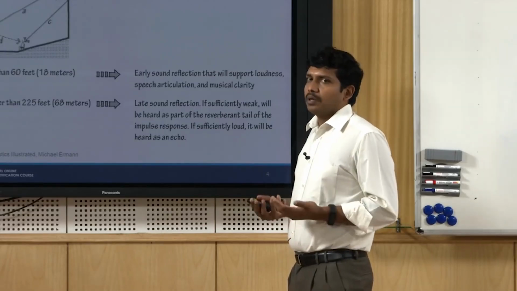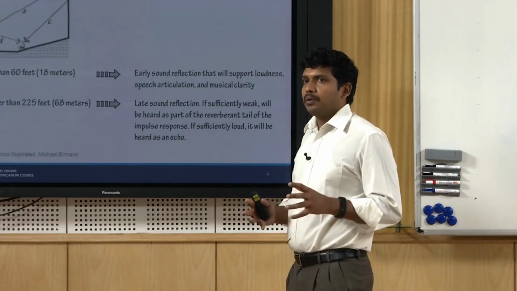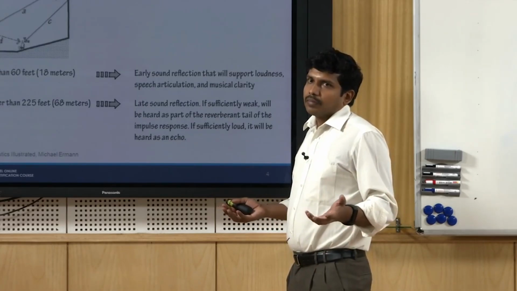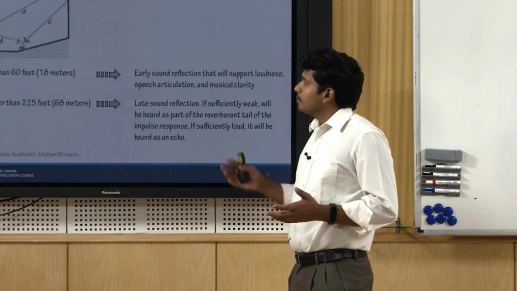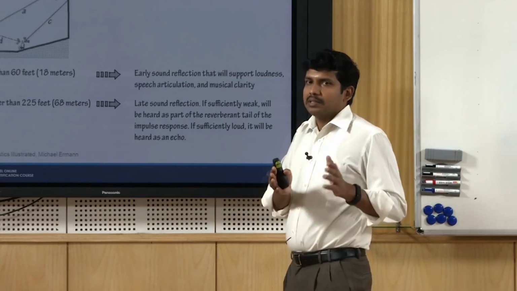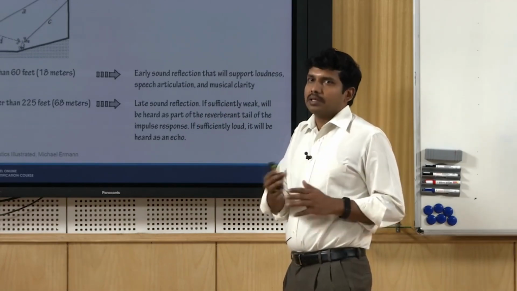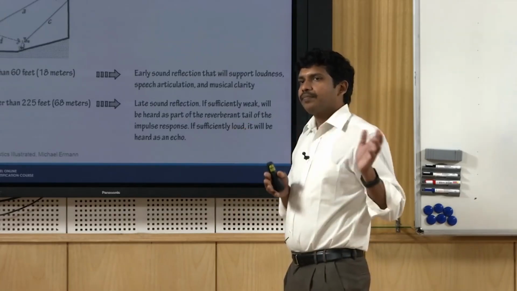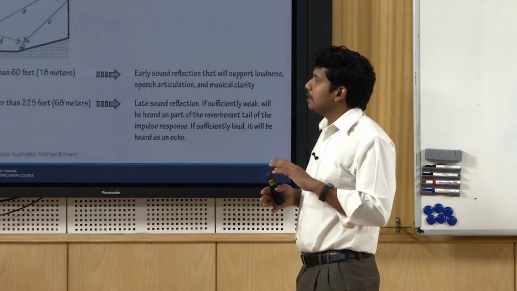So, what do we do? How do we solve this problem? Now I know that C50 is not desirable, it is lesser than what is required, and C80 is lesser than what is required, which means the ambient is more, the initial is much lesser, and the signal is lesser.